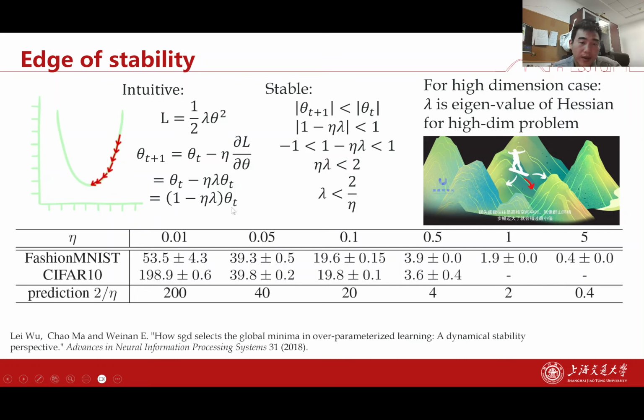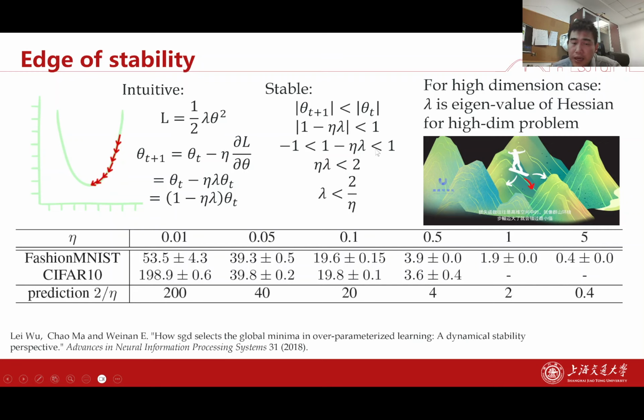So we can take out theta and get 1 minus eta times lambda. To make the loss smaller, the distance to this minimum point, 0 here, should be smaller and smaller. So the absolute value of theta t plus 1 should be smaller than theta t. Then you get that the absolute value of 1 minus eta lambda is smaller than 1. And finally, you get that lambda should be smaller than 2 over eta.